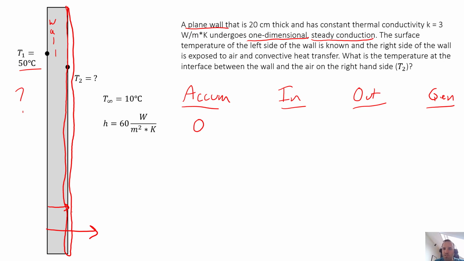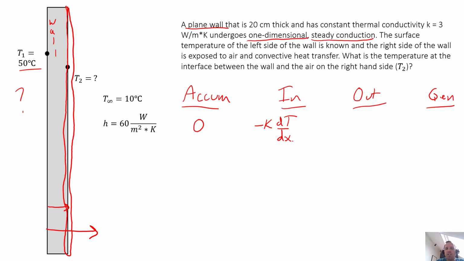This mode of heat transfer is associated with a rate equation, and that rate equation is given to us by Fourier's law. So we're going to put Fourier's law in here, and if you recall, Fourier's law tells us that heat transfer goes by minus k times dT/dx.